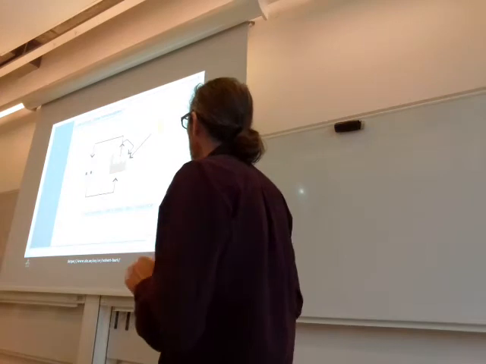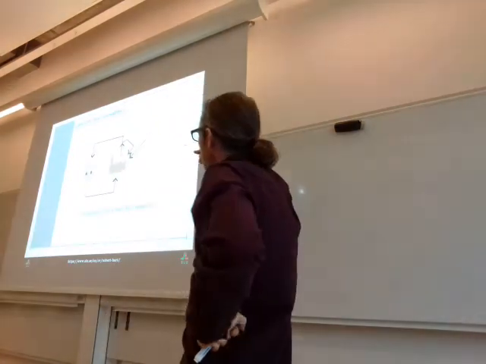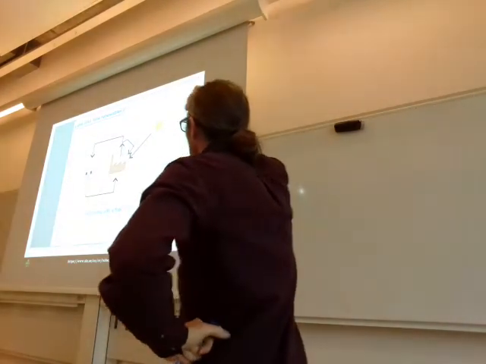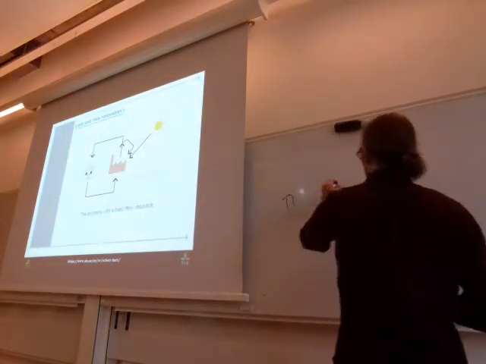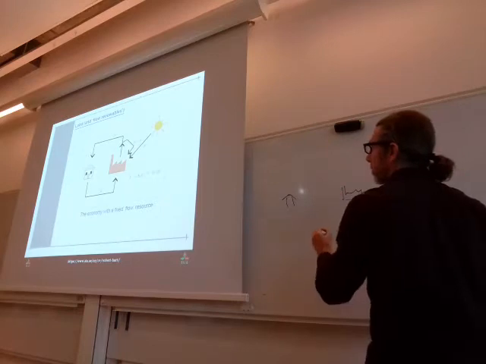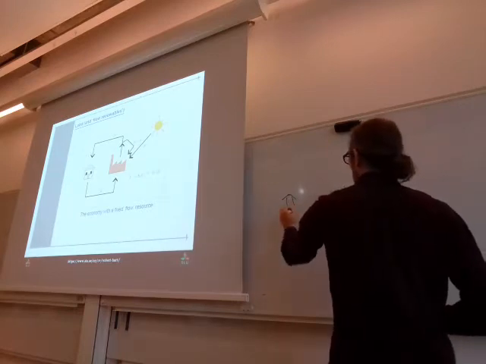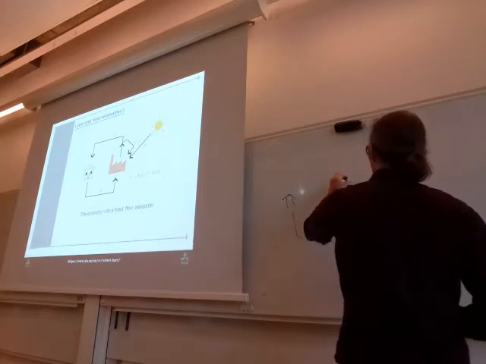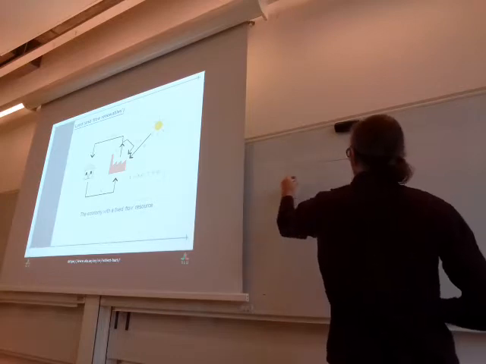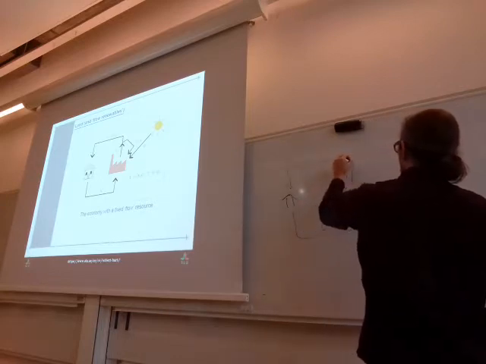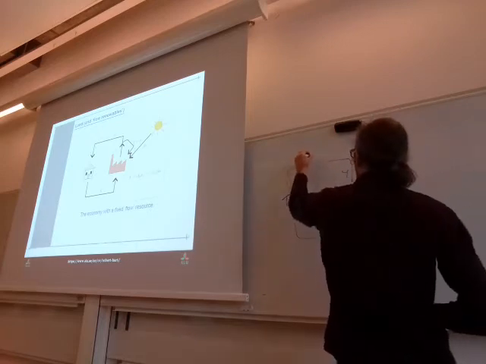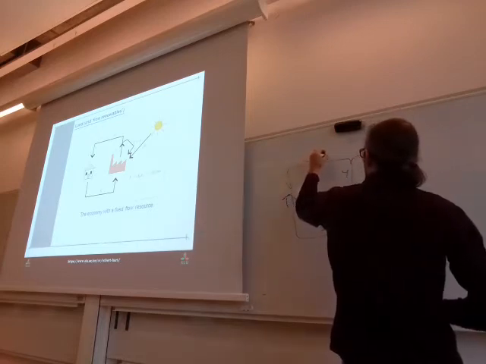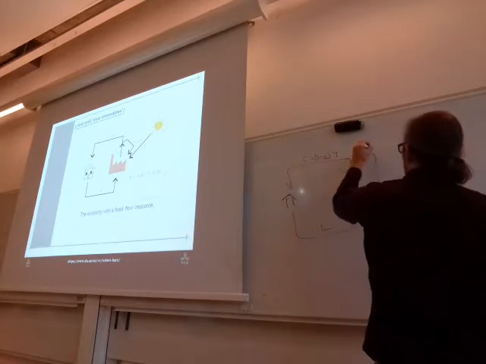So, what's going on in this model? We're still saying, look, it's very like Solow, isn't it? We've got household, firm, we've got labor, we've got one product, which is the widget, and we've got the dilemma between consumption and investment.